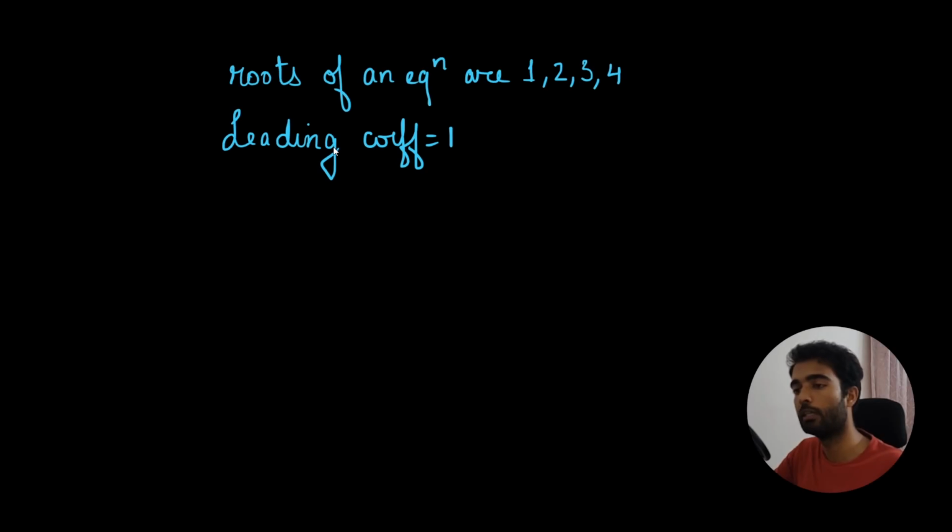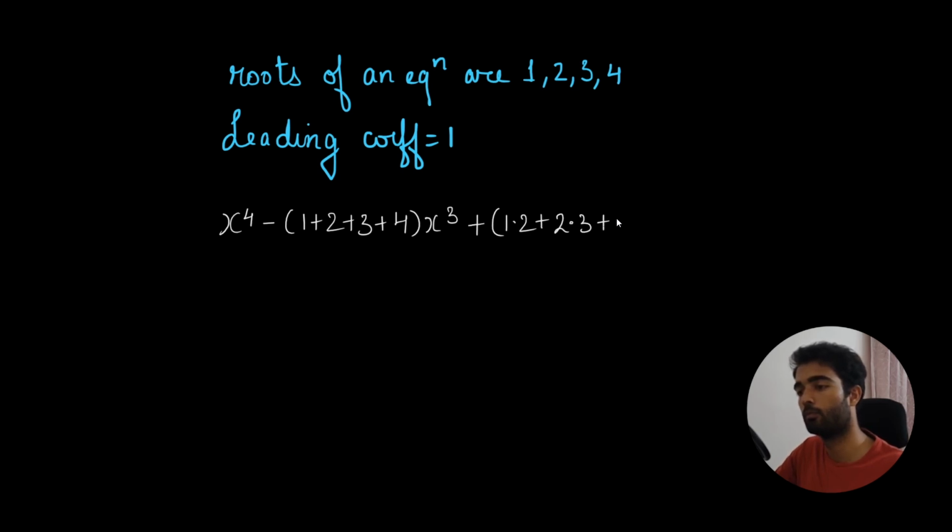We are asked to find an equation whose roots are 1, 2, 3, 4. So we know that it's going to be a biquadratic equation, and it's simplified by giving us a leading coefficient equal to 1. So we can write x to the power 4 minus (1 plus 2 plus 3 plus 4) x cube. We are going to take the sum of product of two roots at a time. Now what we are left is 2, 4 and 1, 3.